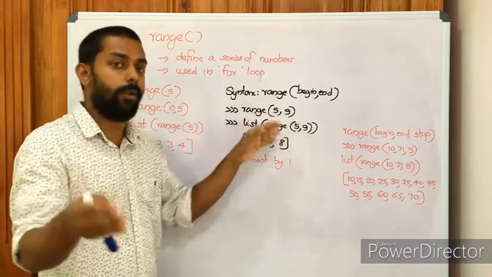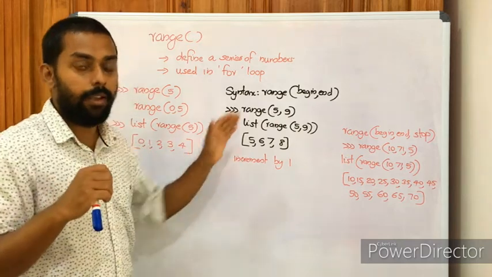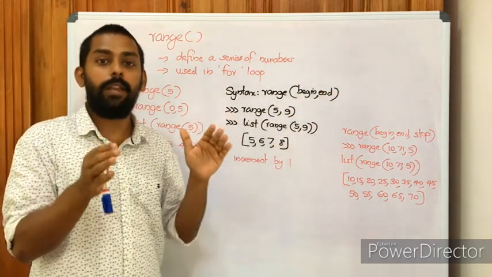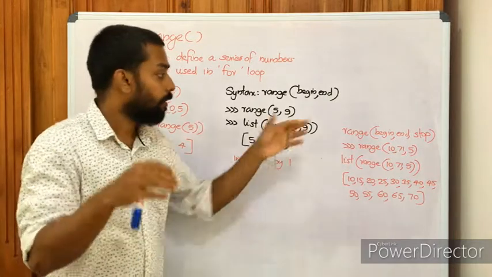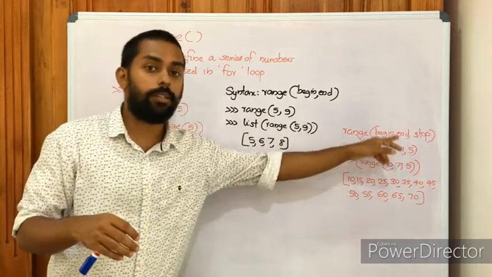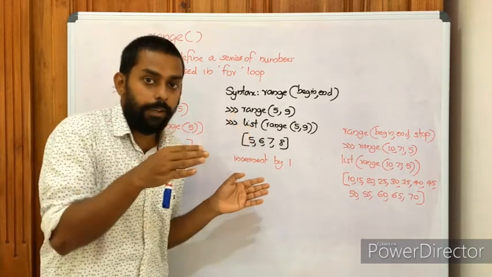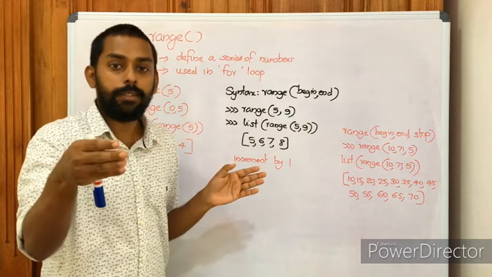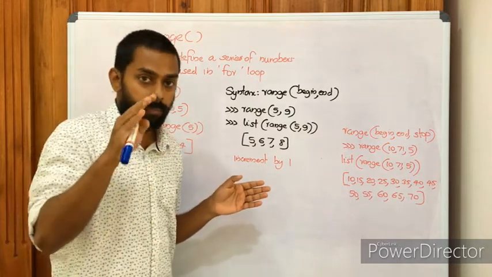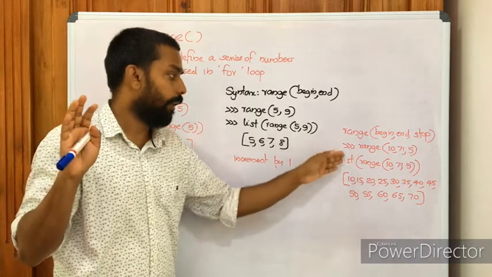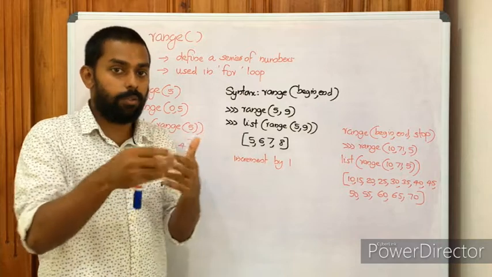Here the value of n is 9, so n minus 1 is 8, and up to 8 will be printed. In the last case, we can specify beginning, end and step. So range of 10, 71, 5: beginning is 10, ending is 71, and the increment is by 5. So 10, 15, 20, 25, 30. That is the processing order.